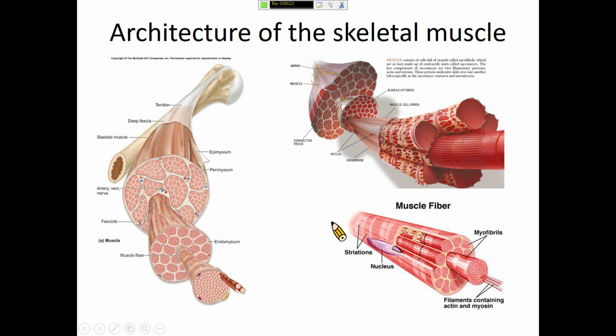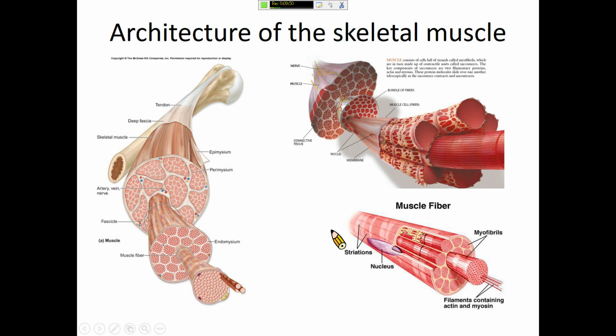That means on each muscle fiber there can be several nuclei. So if you look at this muscle fiber, there are actually many. The green part, the nuclei. Okay, so on this muscle fiber there are many nuclei.